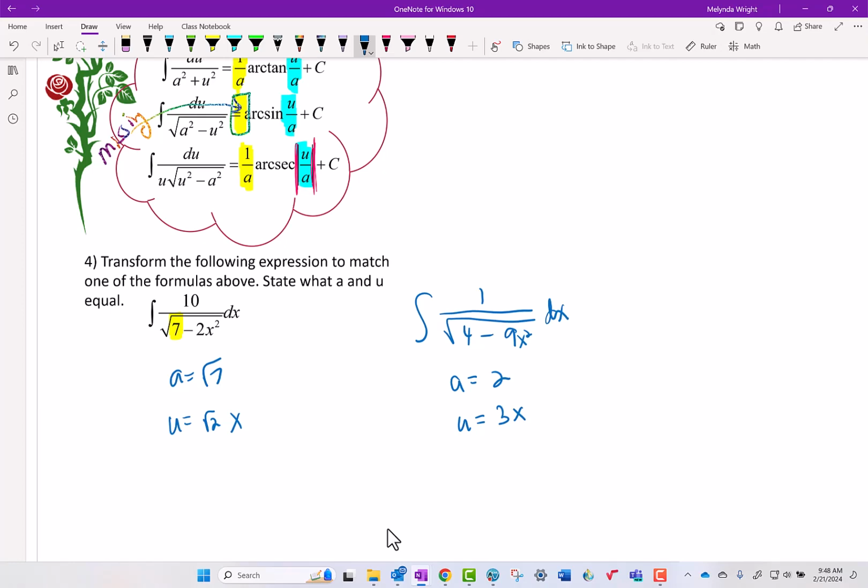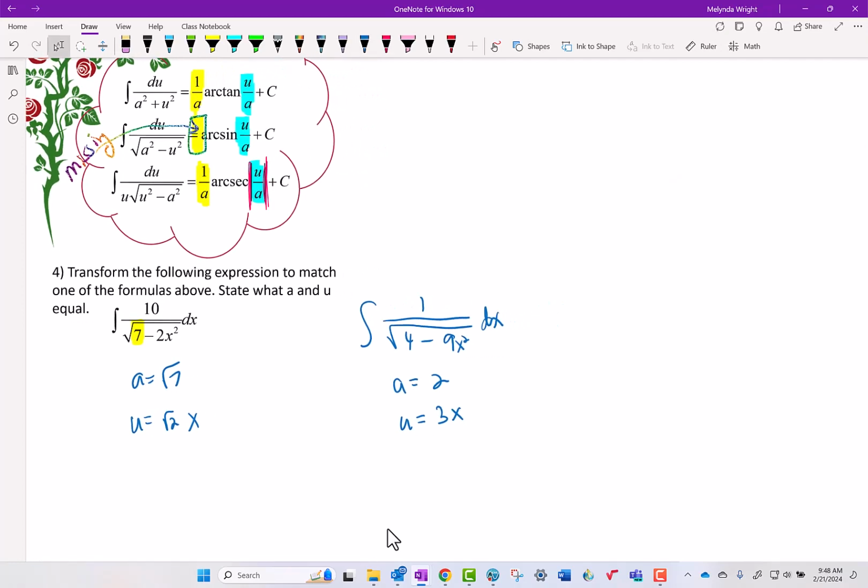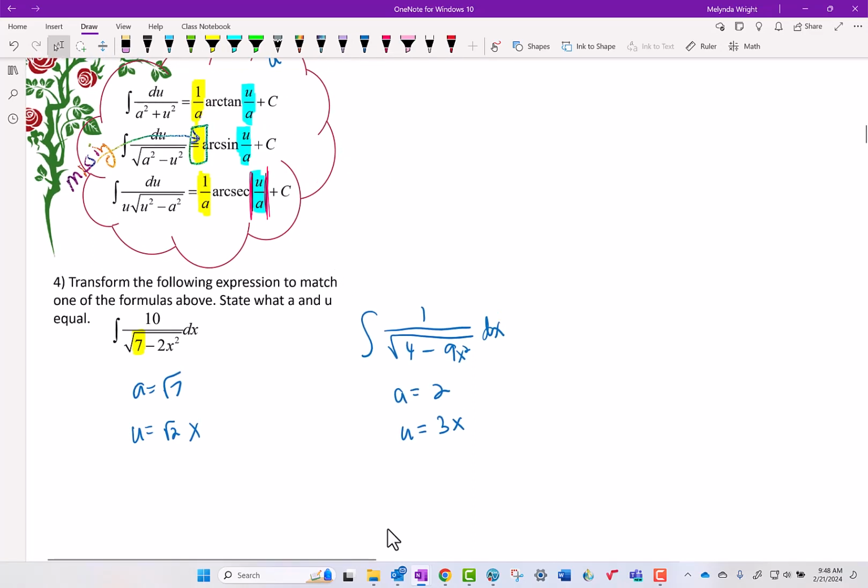Now, why would I care about that? I care about that because that gives me the answer. I only need to know what a and u are, and I can just solve it. I mean, we can just write out what the answer would be. If I'm doing the antiderivative of this, we agreed it's arcsine. I won't put the 1 over root 7 here, right? I won't do that. But u is the square root of 2 x.